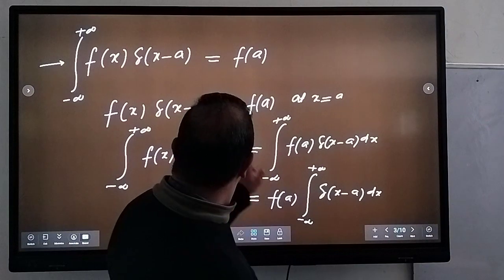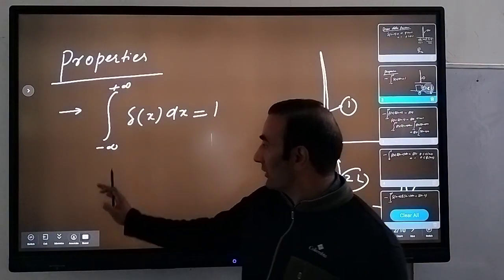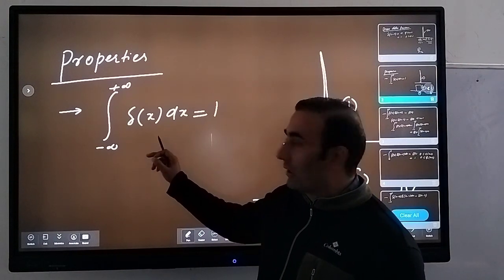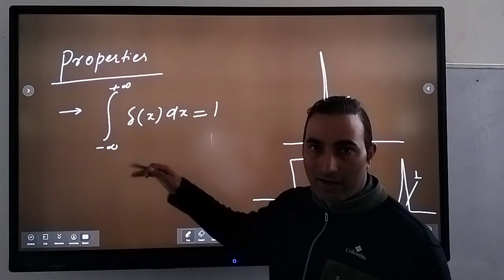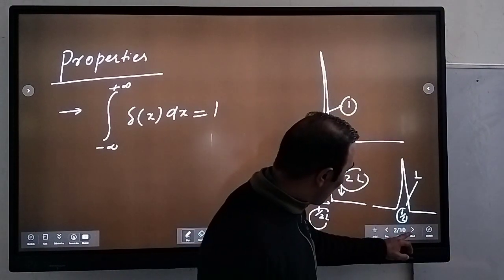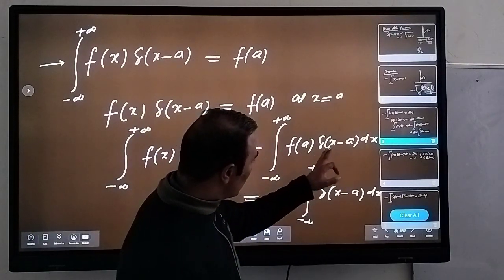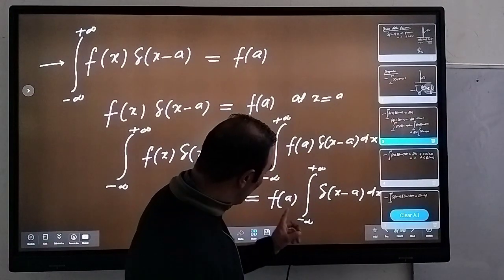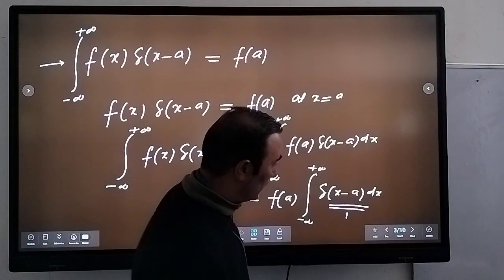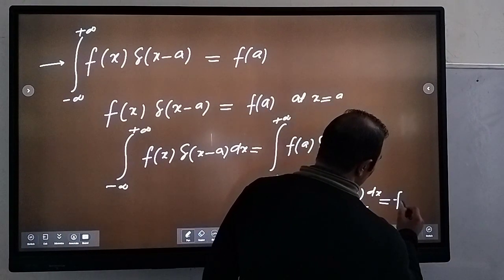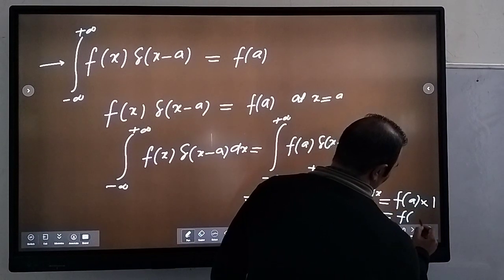Using the first property, the integral from minus infinity to plus infinity of delta of x dx is equal to 1, because at x equal to 0 it has its maximum value. So the area under that curve will be equal to 1. Because x equals a here, f of x will be equal to f of a, and this integral will be equal to 1. So this will be equal to f of a into 1, which is f of a.